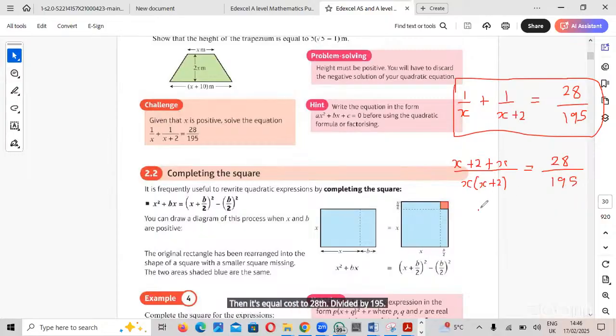That gives us 2x plus 2, divided by x times (x plus 2), is equal to 28 divided by 195.